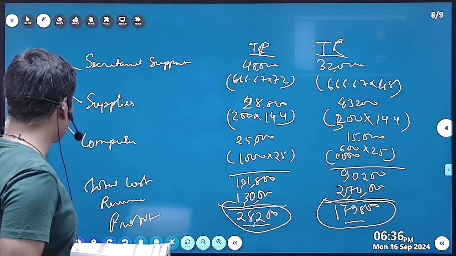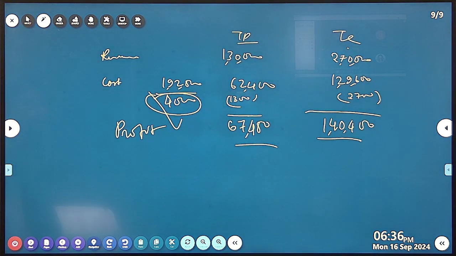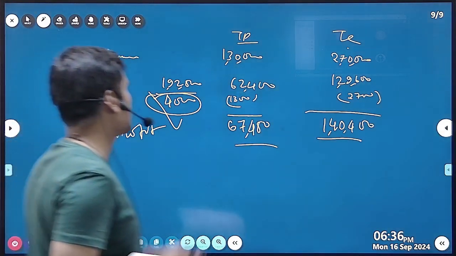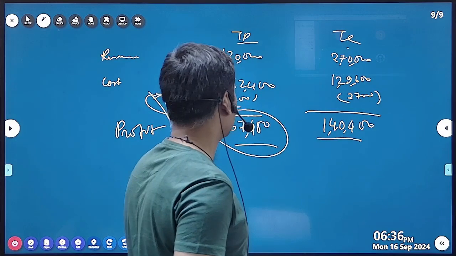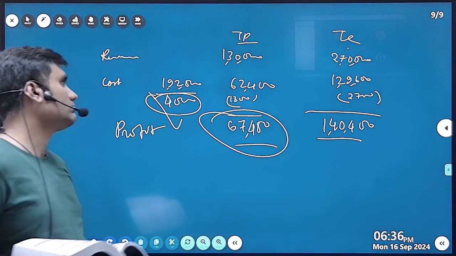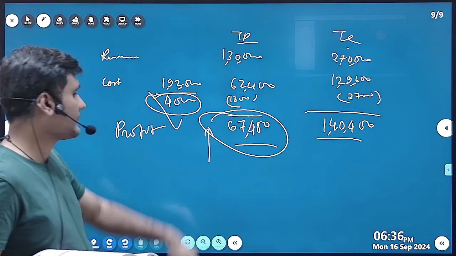When we drill down and find different activities to allocate the cost, it is known as activity based costing. Using the traditional approach, the profit from tax preparation has increased substantially.